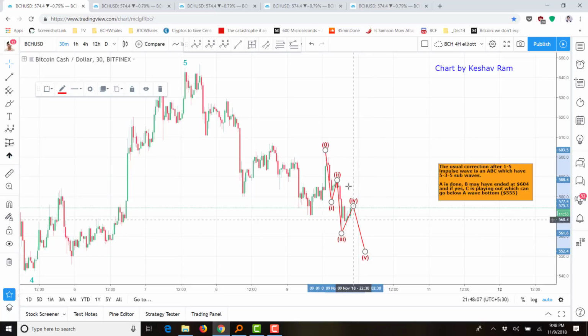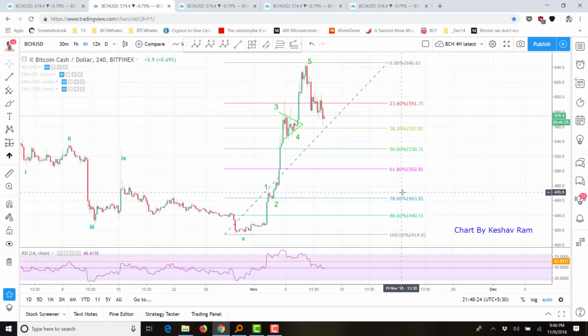Interestingly, in technical analysis, if multiple things coincide, that is a good thing. So we can see that our 5th subwave ended at 555 here, right? Now I'll move to a higher time frame, which is a 4-hour chart. In the 4-hour chart, I drew a fib extension from the bottom where we started this move, which is around $413, and ended at the top. You can see the 1, 2, 3, 4, 5 waves in the green that has been completed.